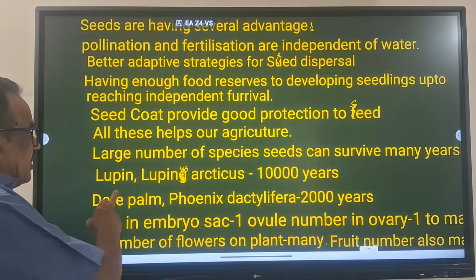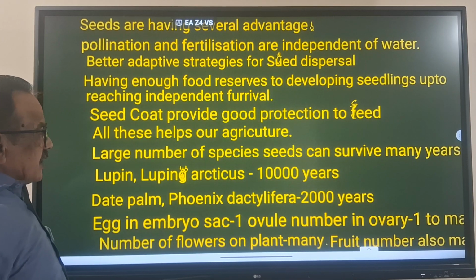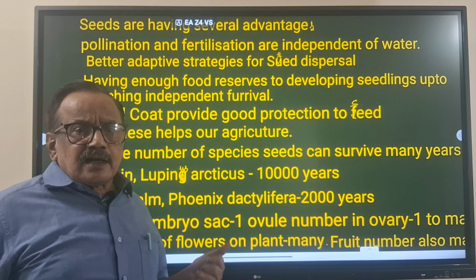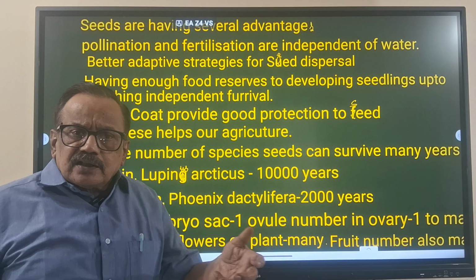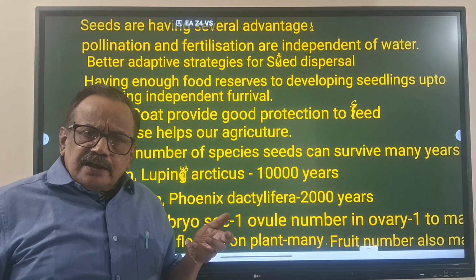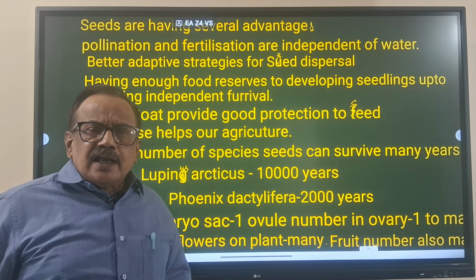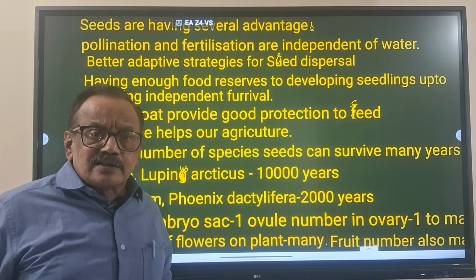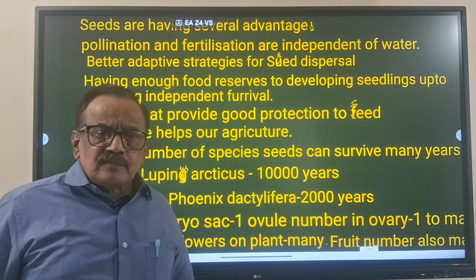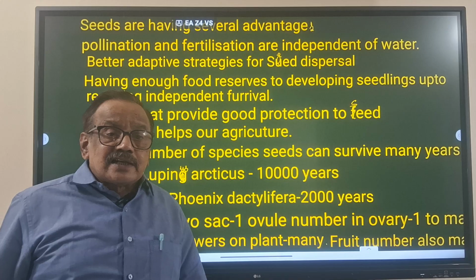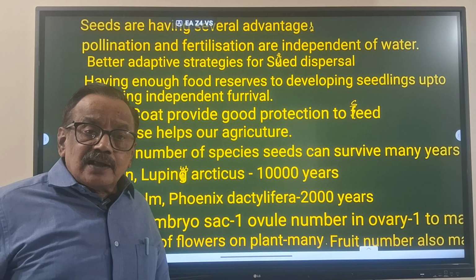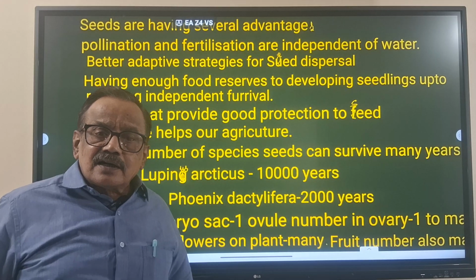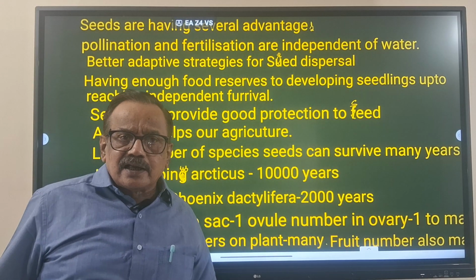That is Lupinus arcticus, 10,000 years before. Means in the Arctic tundra, they found some seeds, and those seeds, estimated to be 10,000 years old, germinated giving flowers and fruits. Such type of thing is present because of the dormancy of the seed.